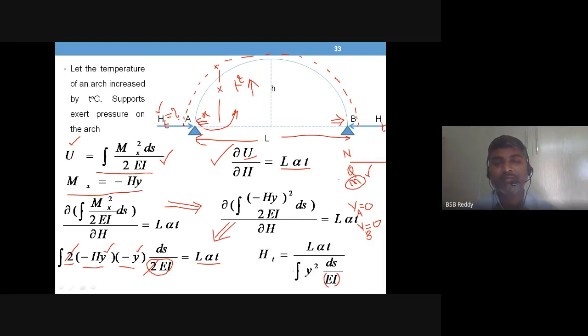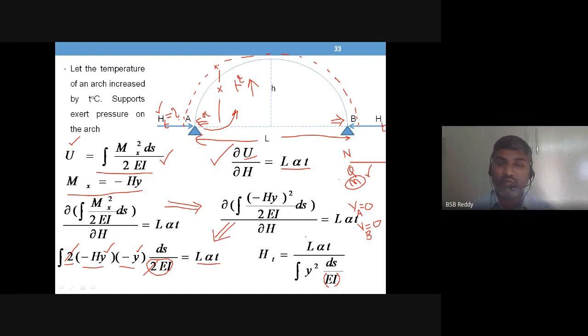Do remember, unlike the H expression for gravity loads, where numerator is integral M' y ds divided by EI, the same EI is present in the denominator. That's why we are able to cancel out. But here numerator is different and denominator is different. That you have to remember.